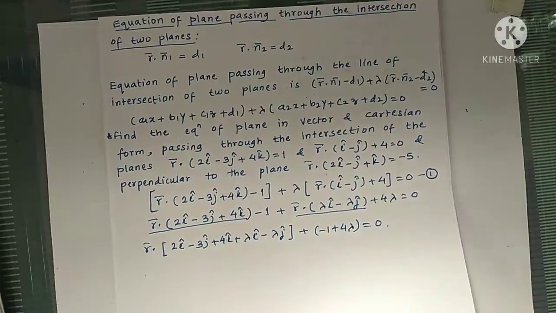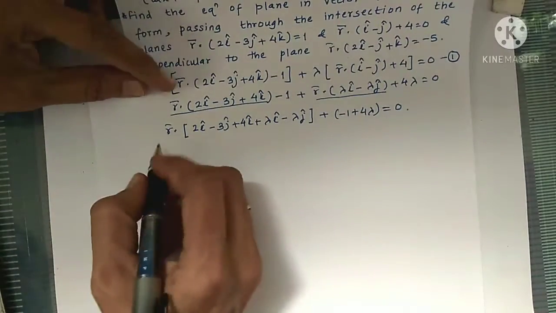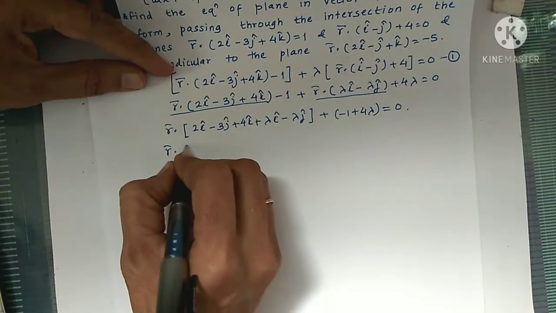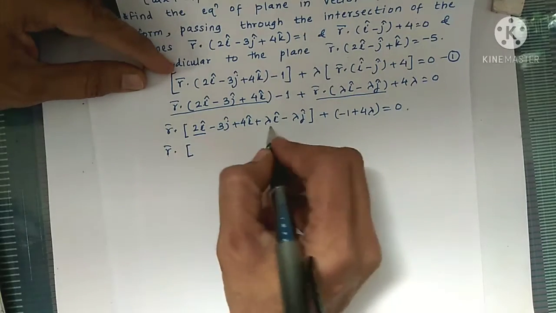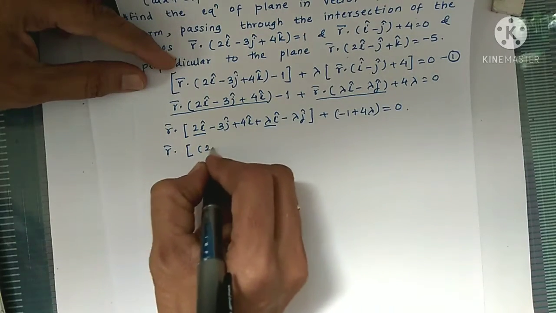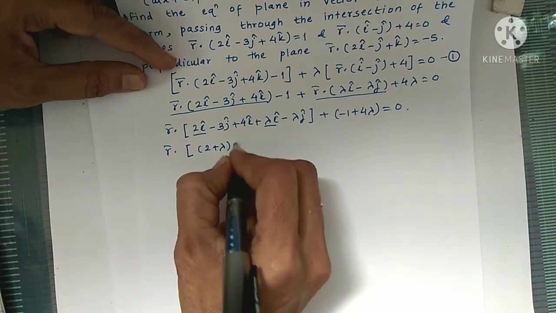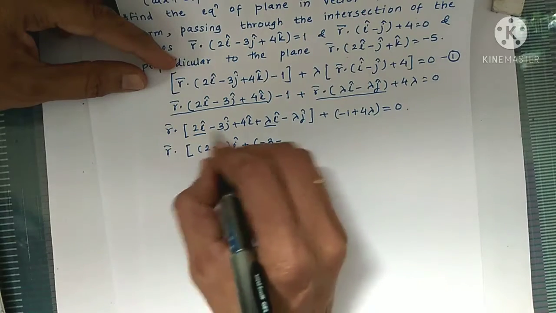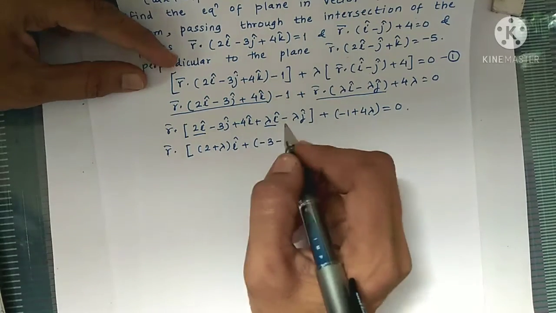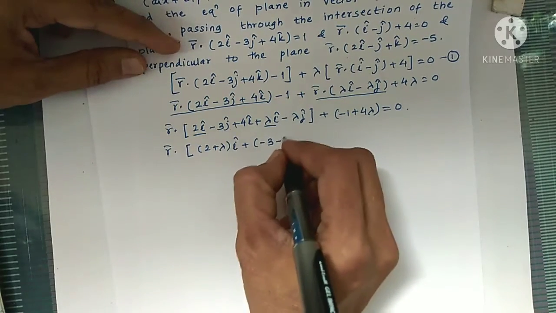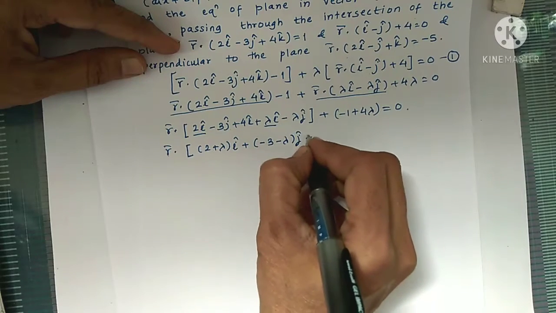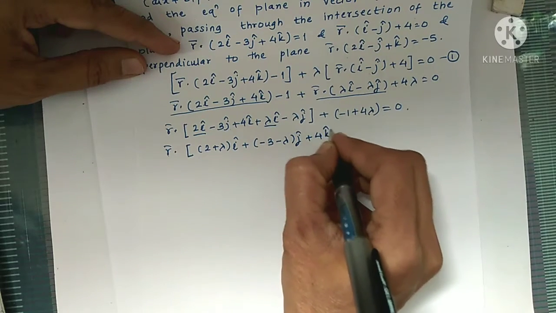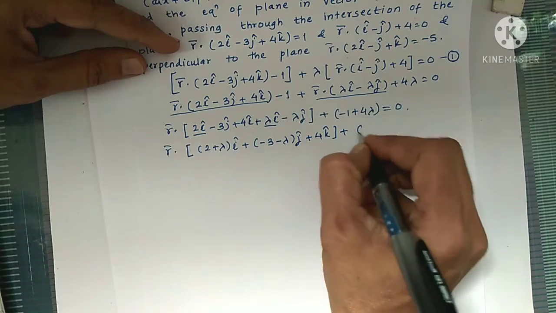Now let's collect the terms in i and j. The normal to this new plane becomes: here we have 2i and lambda i, so this is (2 plus lambda) i cap, plus, from the two j terms taking j cap common, (minus 3 minus lambda) j cap, plus 4 k cap, the remaining term, and the constant.